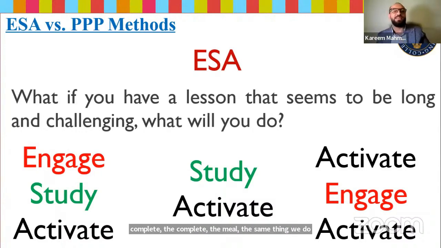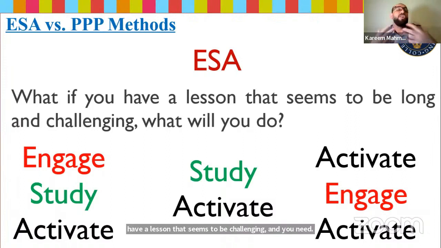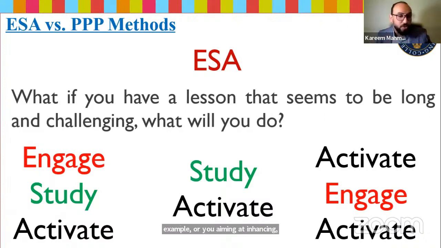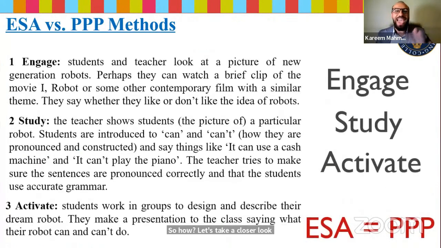When you have a lesson that seems to be challenging and your aims and objectives need to be communicative, for example, or you're aiming at enhancing and reinforcing the fluency of your students, then you follow the ESA. So how? Let's take a closer look. Engage.